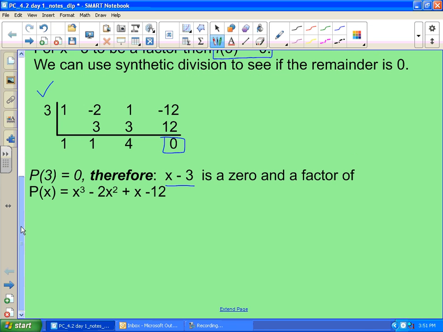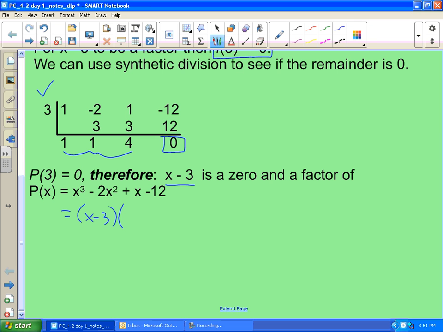So in factored form so far, it would be x minus 3 times, now remember this is x squared plus x plus 4. So that could be the other factor. That could be my factored form so far. If we were to try and factor x squared plus x plus 4, we discover that that actually generates imaginary roots.